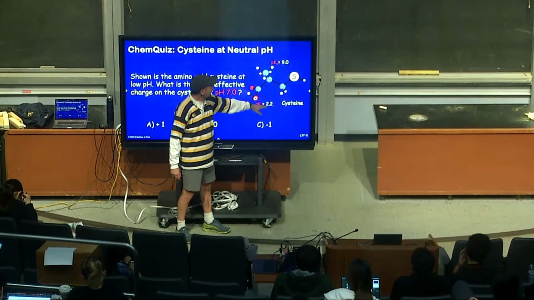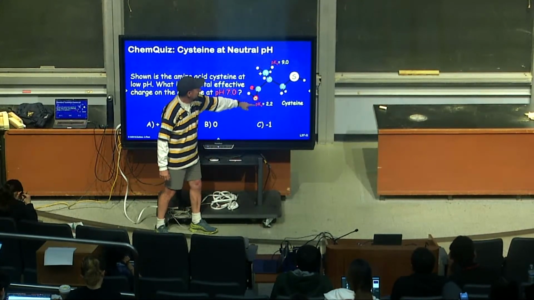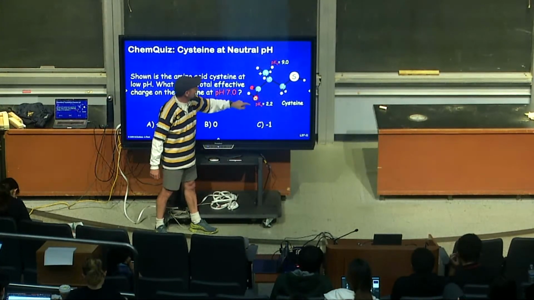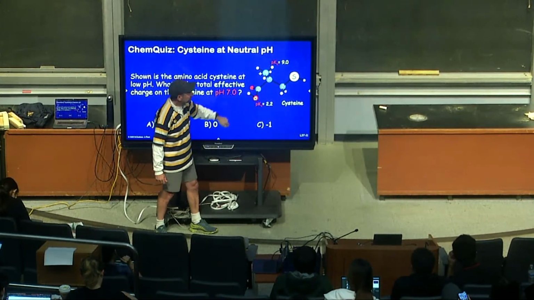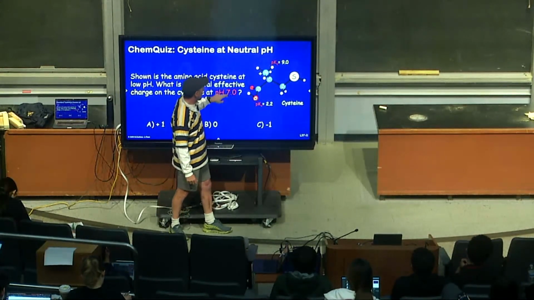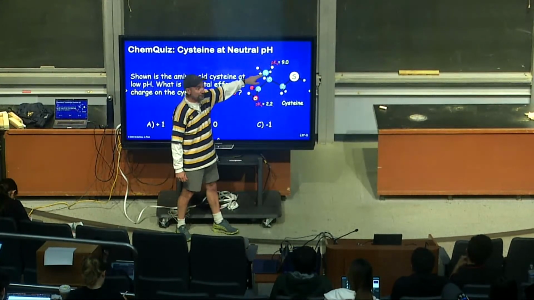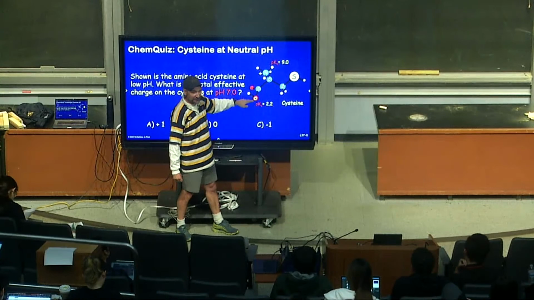So if this pKa is 2, you're well to the basic side of this pKa. Very much more basic than that pKa. That means this will be the basic form. That proton will be gone. Here, you're on the acidic side. You're lower pH than this pKa. So that means this proton will be on. Okay? The acid form dominates here, and the base form dominates there.